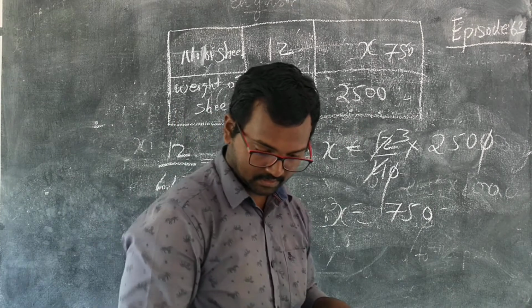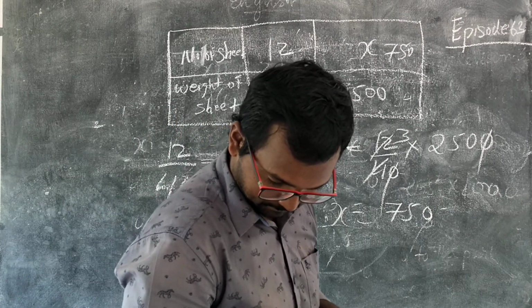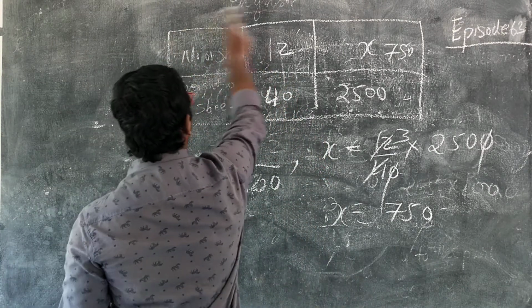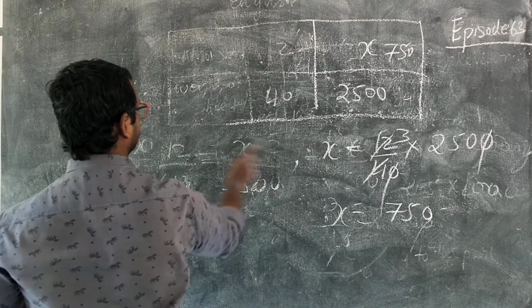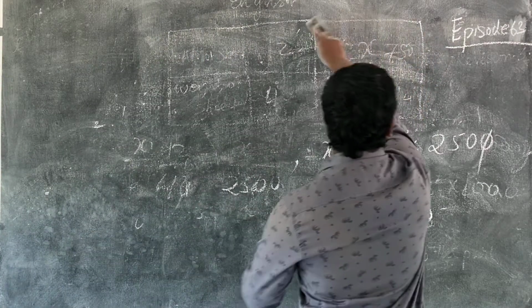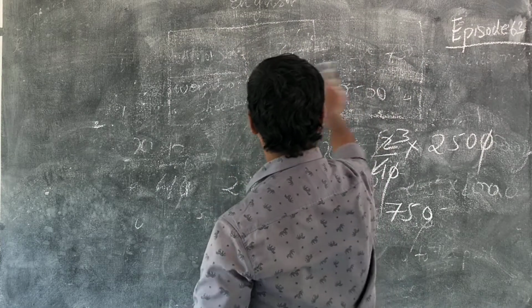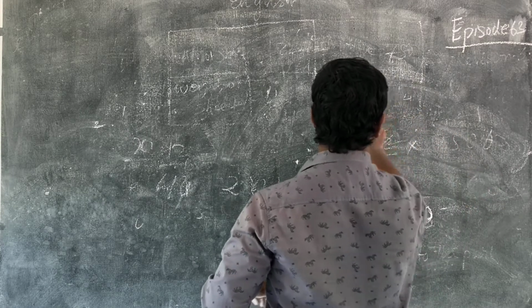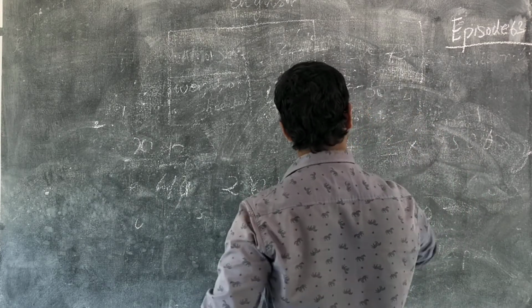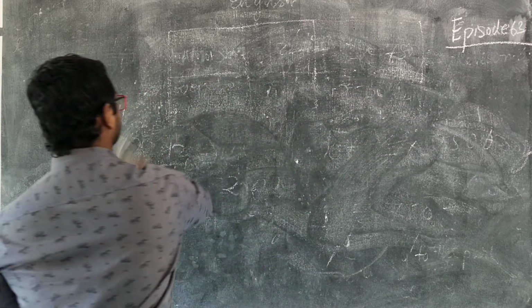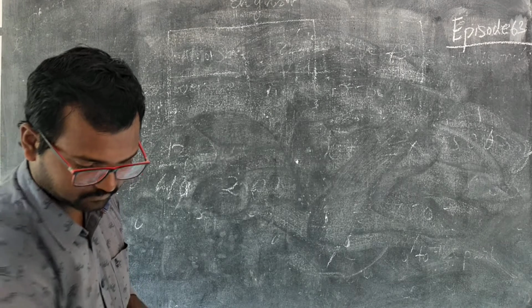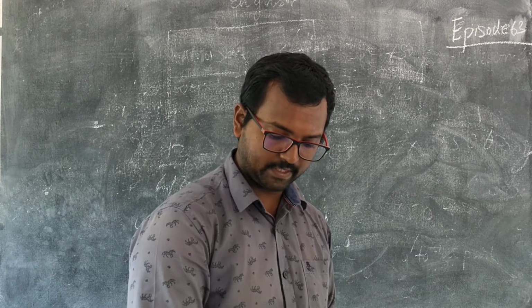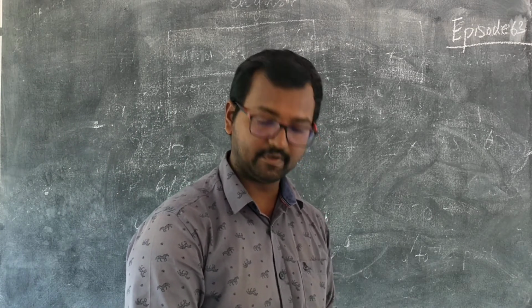Okay, students. Now look at example 4. In example 4, a train is moving at a uniform speed of 75 kilometers per hour.